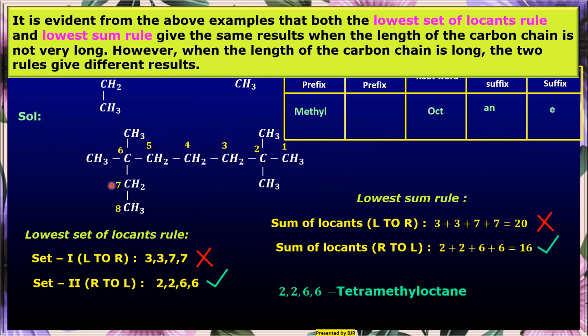When the length of the parent chain is small, two rules will give the same result. But when the length of the carbon chain is very long, at that time the two rules will not give the same result. Then we have to go for the lowest set of locants rule. Lowest set of locants rule is more preferable than lowest sum rule. Okay?